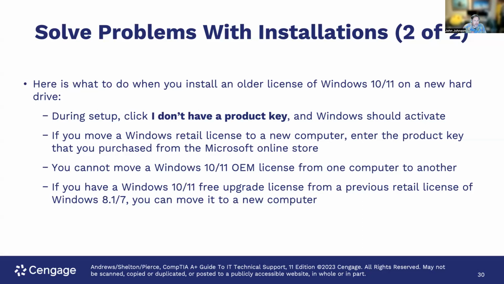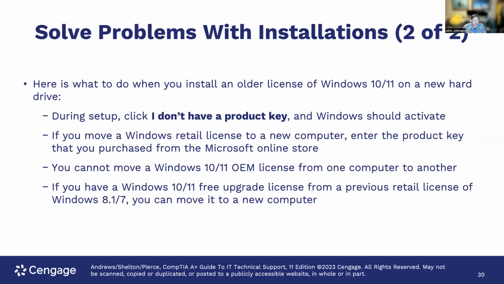But actually, here's what to do when you install an older license on a new hard drive. It may be getting it from the motherboard as well if it's got the information there. So if you move a Windows retail license to a new computer, enter the product key that you purchased from the Microsoft Online Store. You can't move a Windows 10, 11 OEM license from one computer to another.